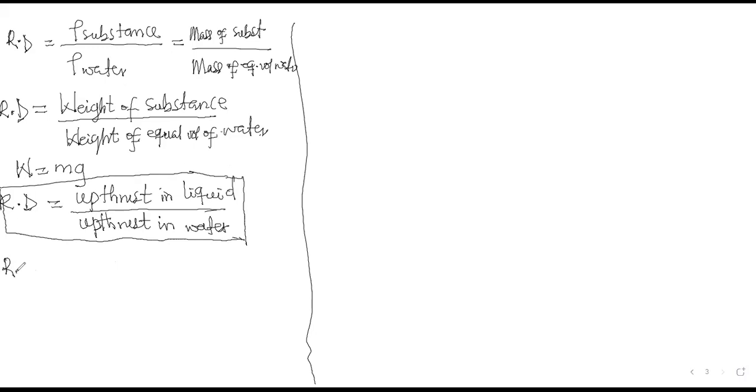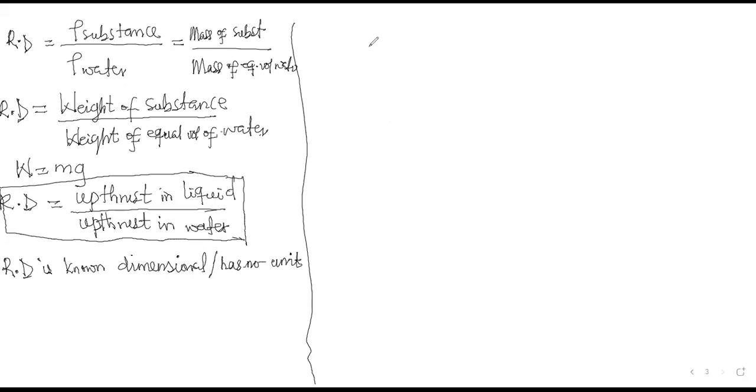RD is non-dimensional, and so it has no unit, because in all cases it is the ratio of the same quantity for the substance and for an equal volume of water.